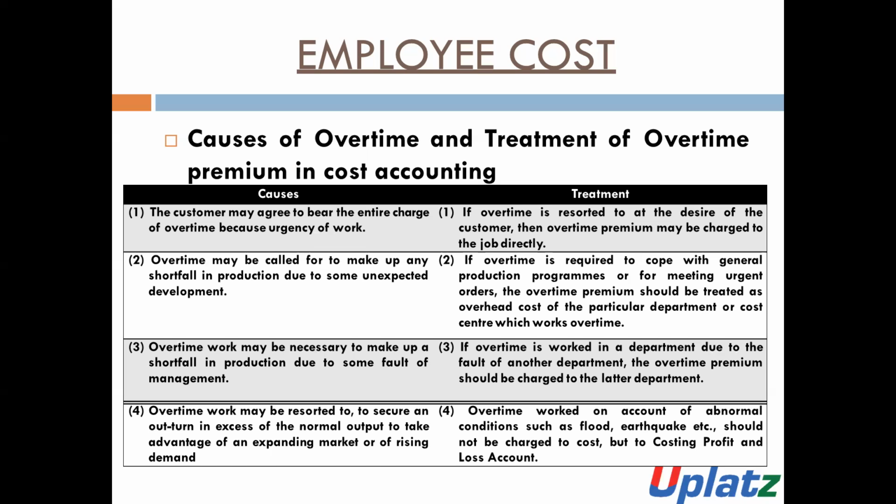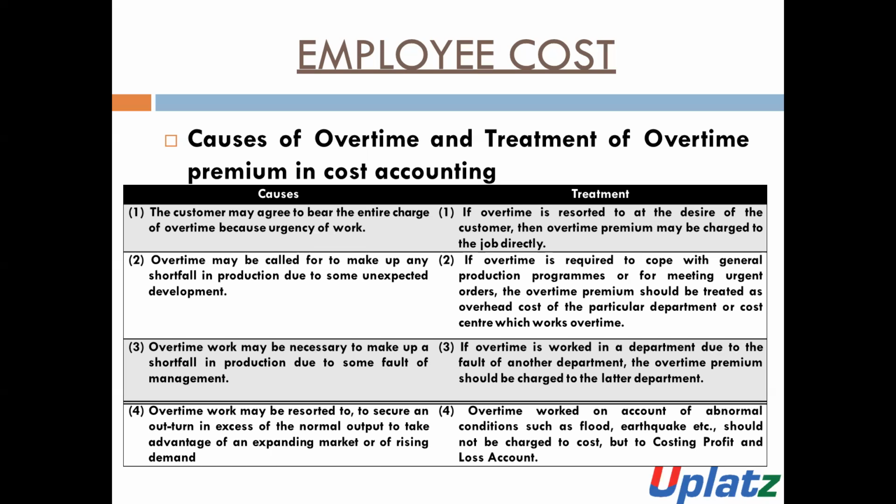In this case, when overtime is required to secure a turnover in excess of normal output to take advantage of expansion in the market or rising demand, the treatment of such overtime is as follows.